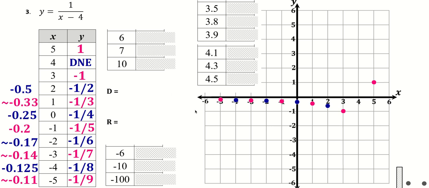So on that note, maybe this is too early in the process here, but there's going to be this thing called a vertical asymptote there, because the graph just doesn't exist for x equals 4.